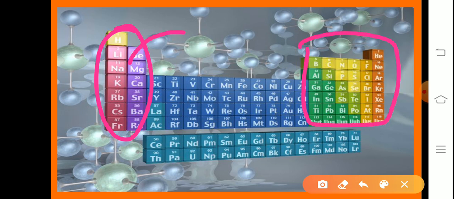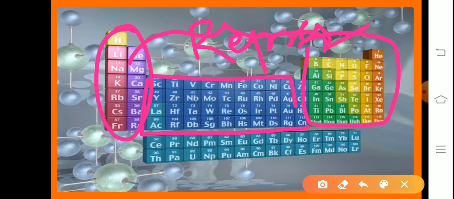So these two together are called representative elements, and these are the d block elements. d block elements are called transition elements, and finally f block elements are called inner transition elements. You know very well, right?